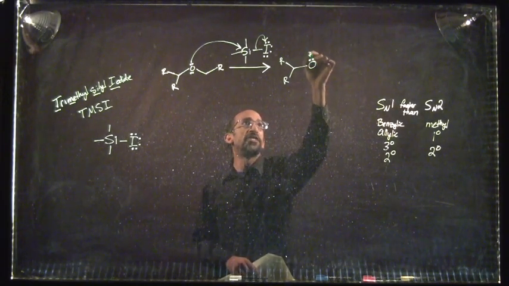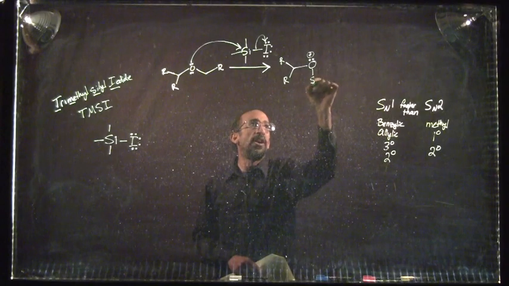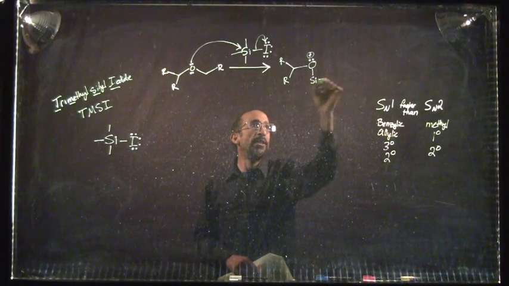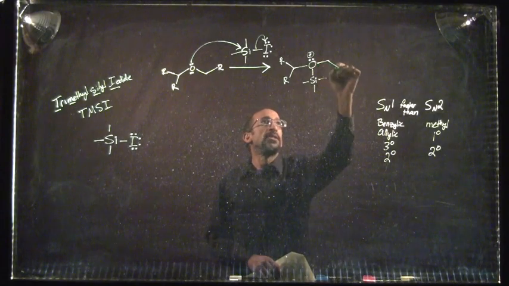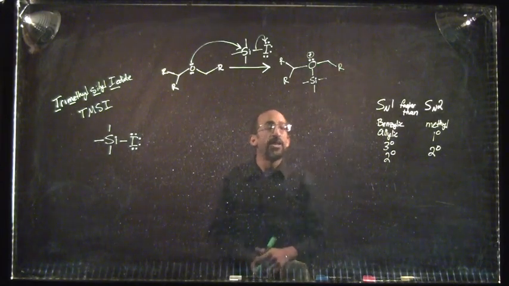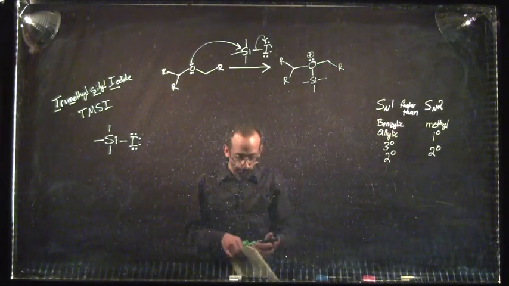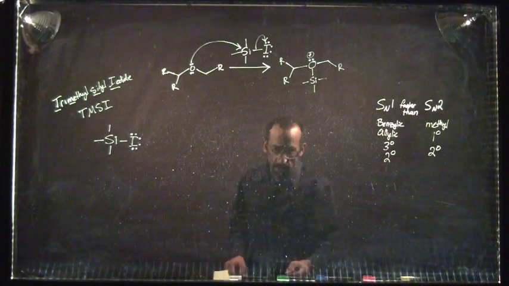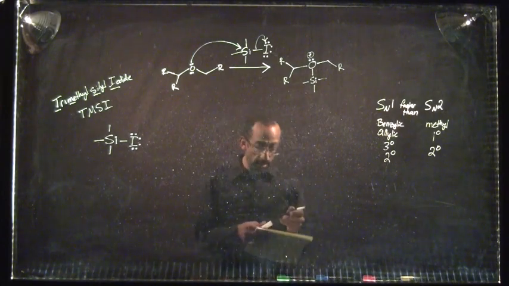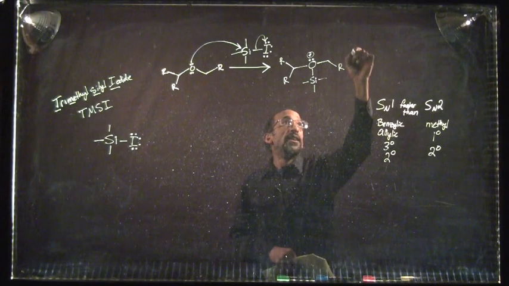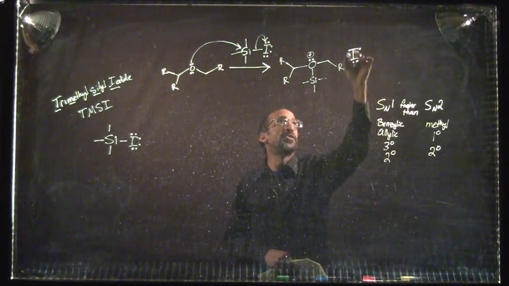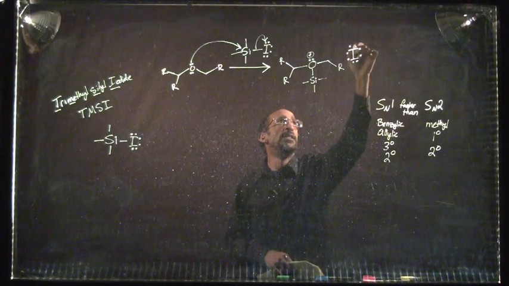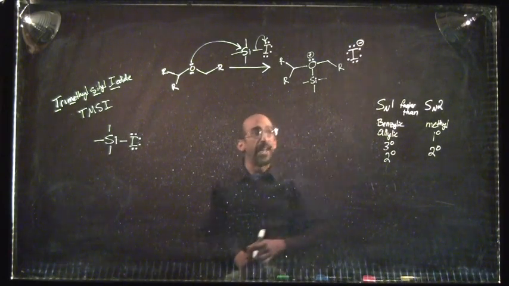Again, this is an oxygen atom with 3 bonds to it, 1 lone pair, positive charge. And so here now we have our oxonium, right? We also have generated an iodide anion, which can now serve as an electrophile in a second step.